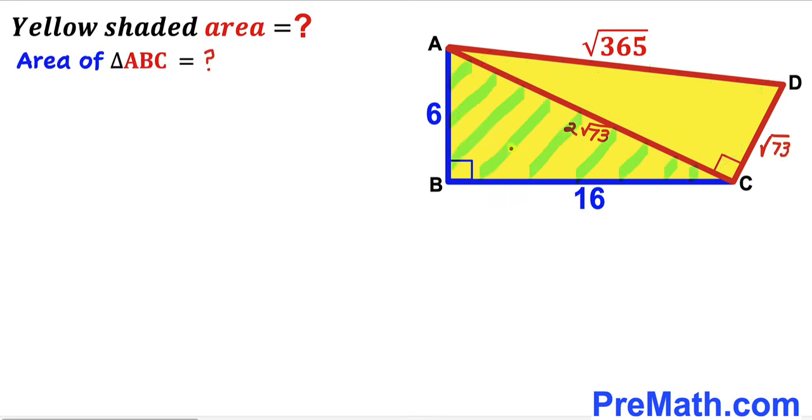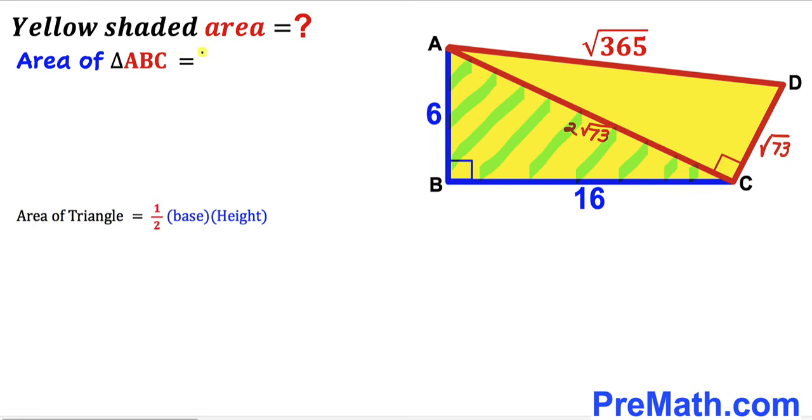Now we are going to calculate the area of triangle ABC. Let's recall the area of a triangle formula: area is always equal to a half times base times height. In our case, the base of this triangle is 16, whereas the height is 6.